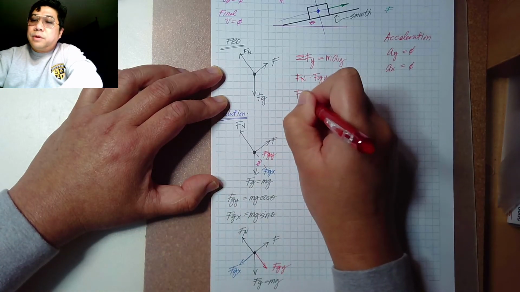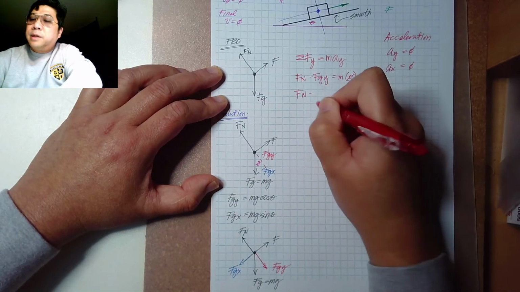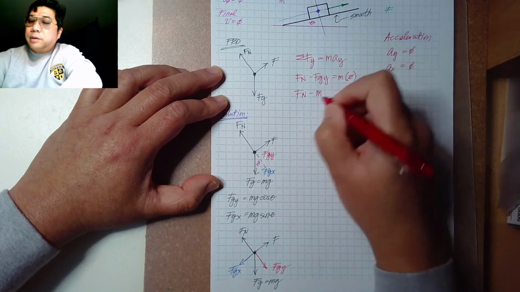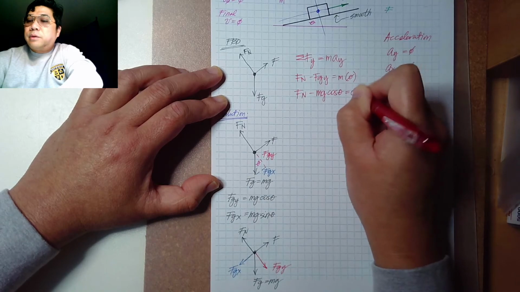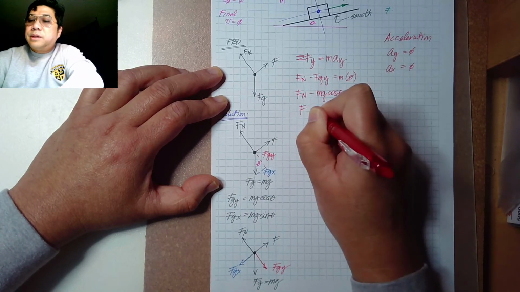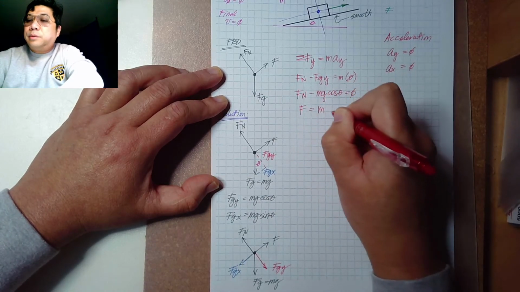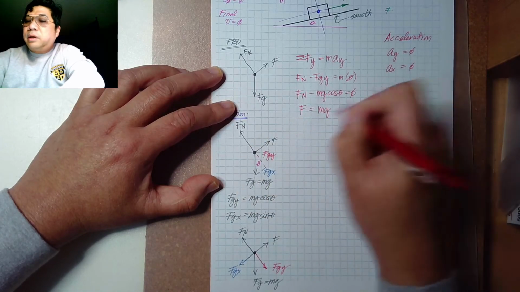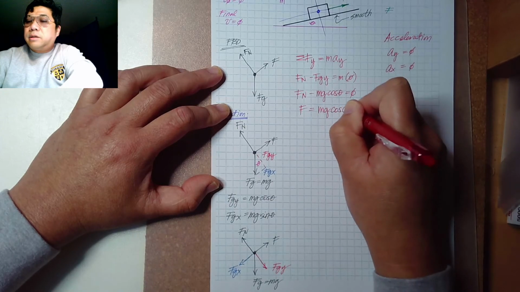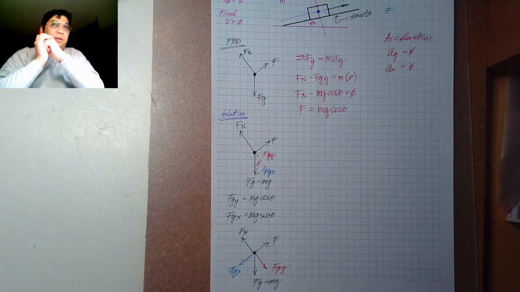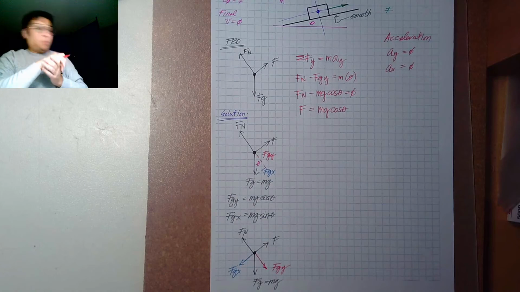The normal force minus mg cosine theta equals 0. So the normal force is simply equivalent to the y component of the force of gravity, just in the opposite direction: mg cosine theta.